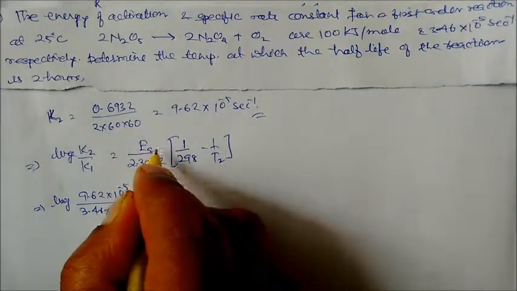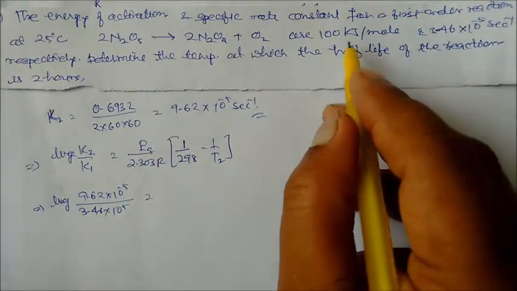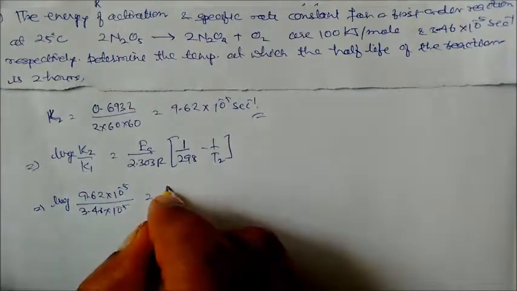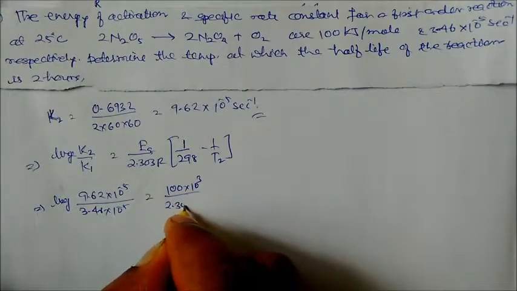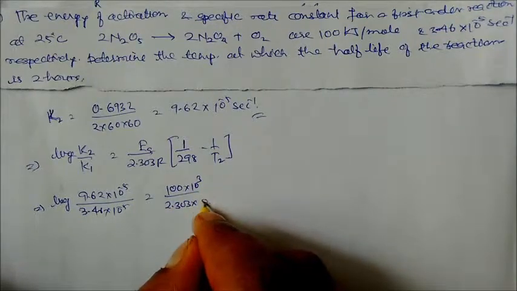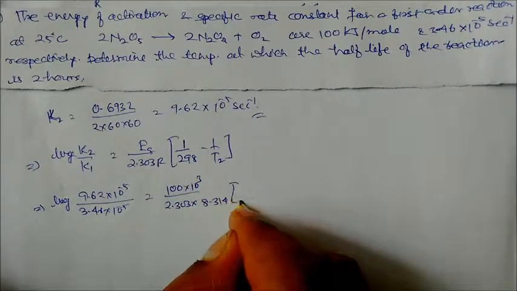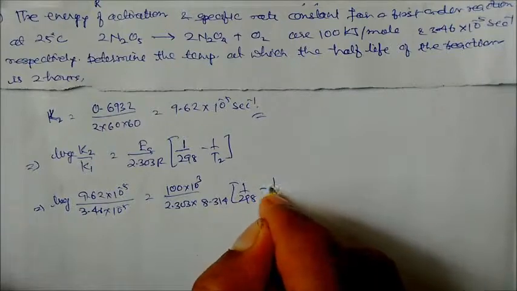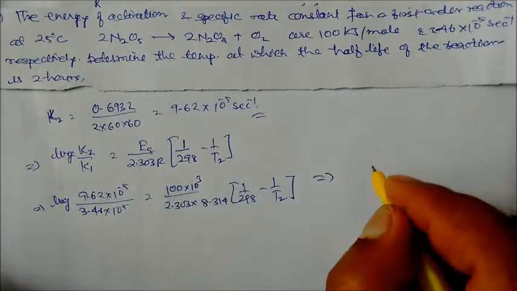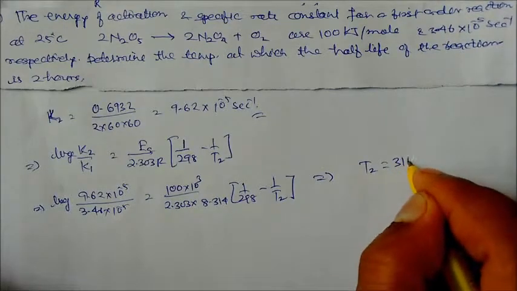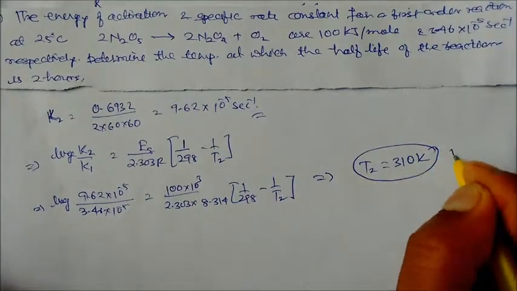EA is also given, 100 kilojoules, so 100 multiplied by 10 cubed, divided by 2.303 into R, where R is 8.314, into 1 by 298 minus 1 by T2. On solving, every value is given, and T2 will be 310 Kelvin. So this is our answer.